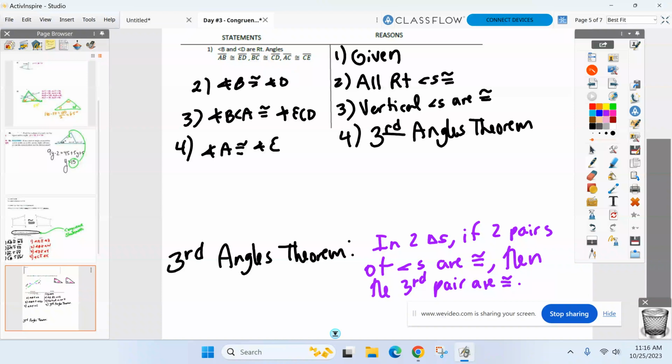I think we're okay writing third angles theorem instead of that all the time. Are you guys okay with this theorem and how it works?